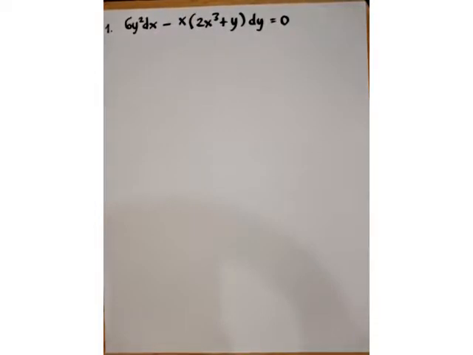Tama ba? Ang difference lang is yung may y sub n doon sa dulo. So kung meron kang y sub n doon sa dulo, yun lang yung nagiging difference ng pagiging Bernoulli niya sa linear. But definitely, this is not a linear equation. Ang purpose lang na gagawin natin ay having this form is to transform it into a linear equation. Ayan. So, kung initially ganyan siya, gagawin natin siyang linear. So, yung step by step is ito.